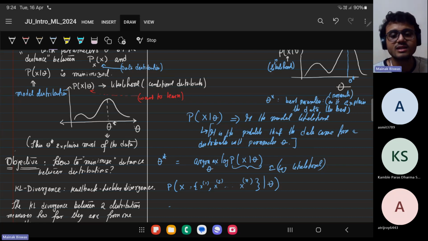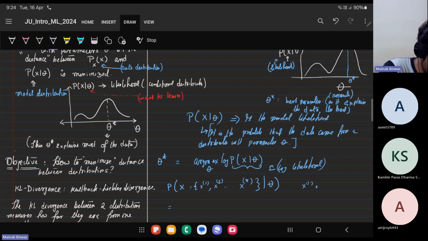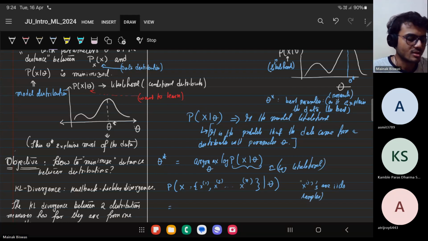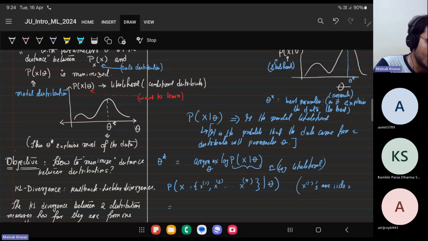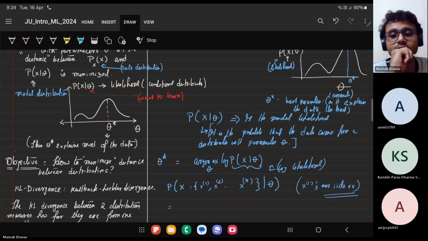What can I write this as? Remember, Xi's are IID samples, or IID random variables. Then what can I write?